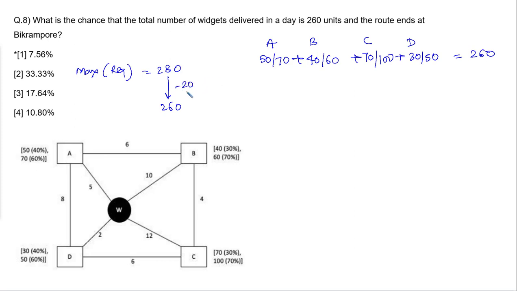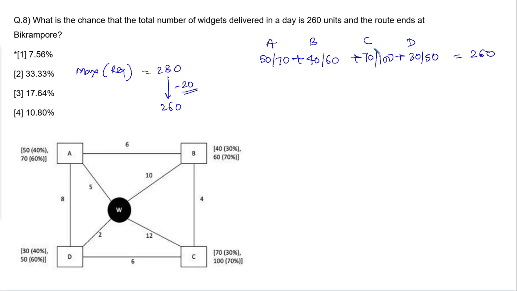Now we cannot distribute these 20 units in between more than one location. So this 20 we need to subtract from any one of the locations, and that location cannot be C. Because 100 minus 20 is 80, the requirement at location C cannot be 80. So this 20 we can decrease from A or B or D.